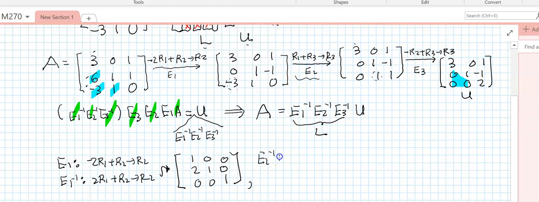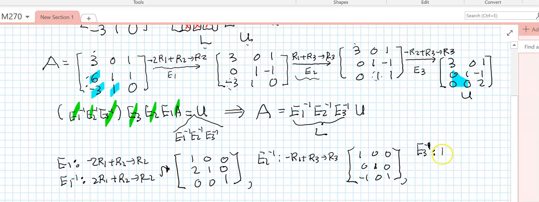E2 is simply negative R1 plus R3 goes to R3, so E2 inverse is 1 0 0, 0 1 0, negative 1 0 1. E3 is negative R2 plus R3 goes to R3, so E3 inverse is R2 plus R3 goes to R3, which is 1 0 0, 0 1 0, 0 1 1.